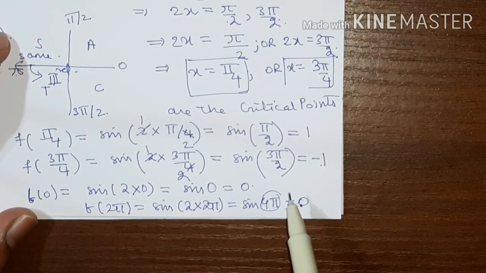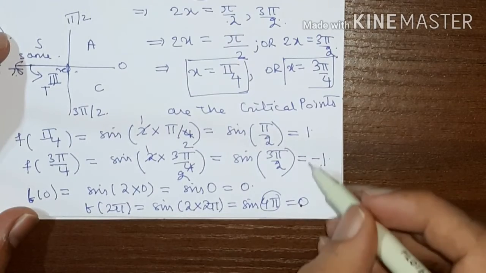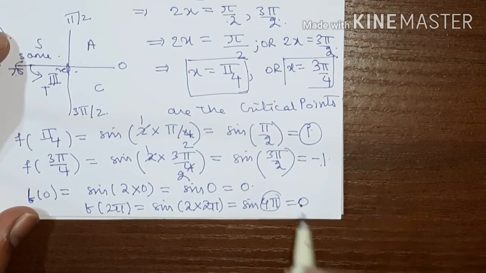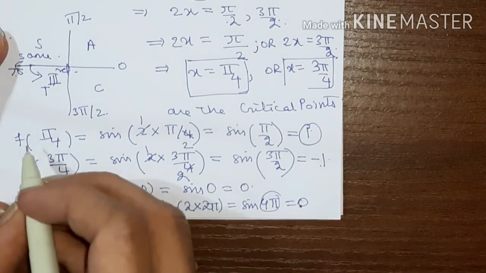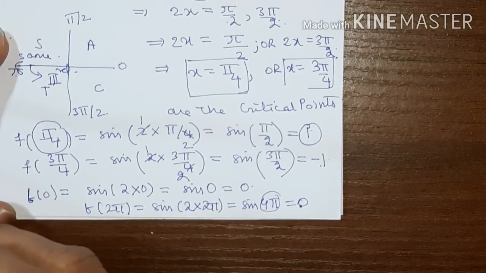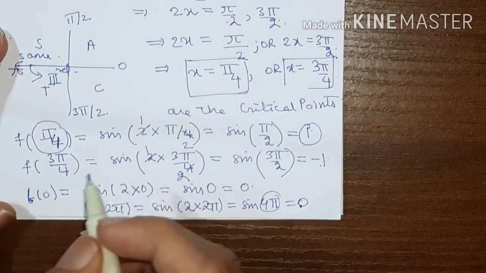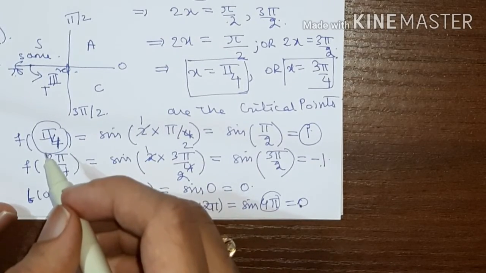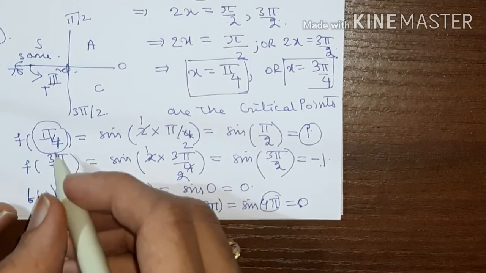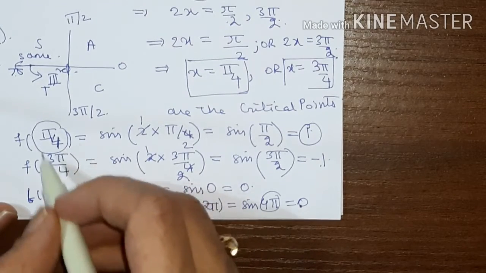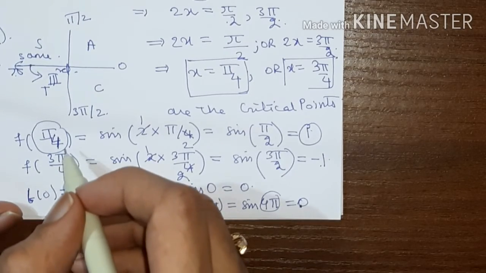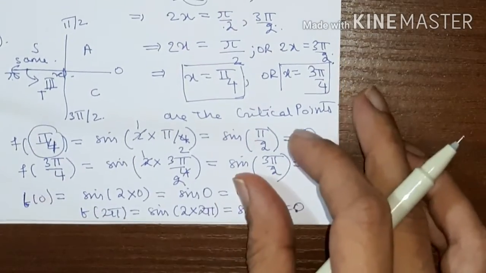So which is the maximum value? The maximum value from all these 4 is this 1. Now this maximum value is attained at which point? At pi by 4, right? So x equal to pi by 4 is not the maximum value of x, this pi by 4 is the point in the interval at which the function attains its maximum.